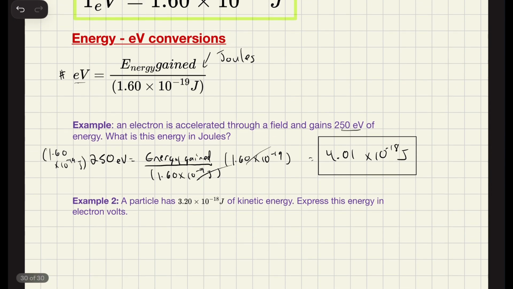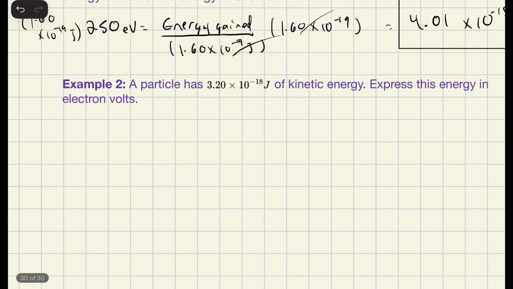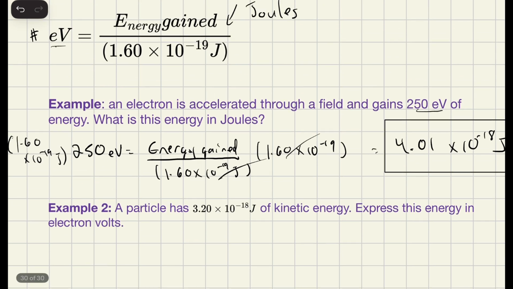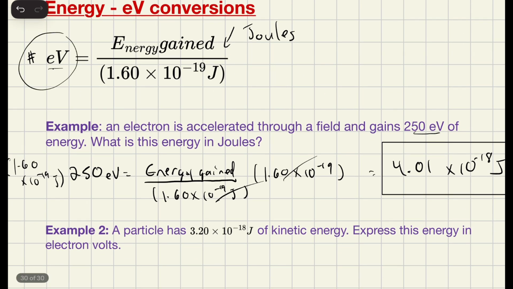Now, let's say we want to go the other way around. For this question, a particle has 3.20 times 10 to the negative 18 joules of kinetic energy. Express this in electron volts. To go the other way around, we're going to use this formula directly here.